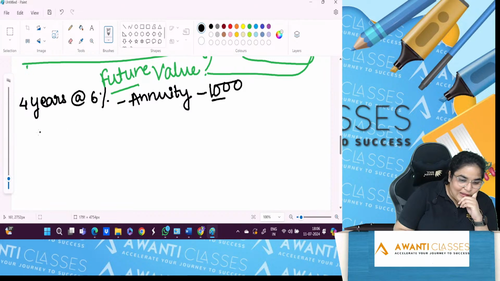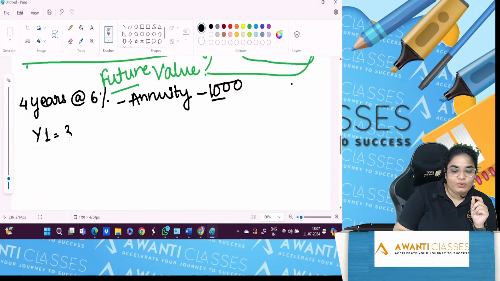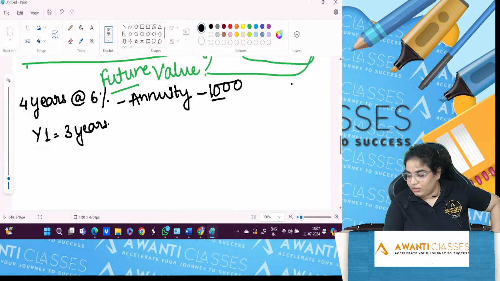Now, the first year payment, at the end of first year, whatever he has paid, how long will it stay with the bank? For 3 years, yes or no? Year 1 has stayed with the bank for 3 years. So the future value formula, let us put for this 1000.